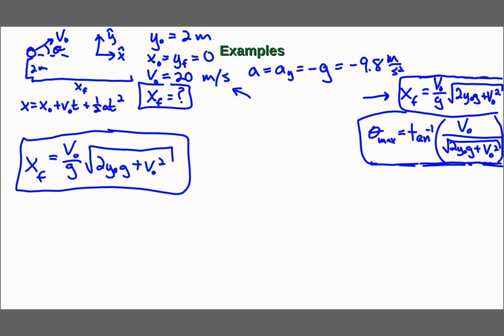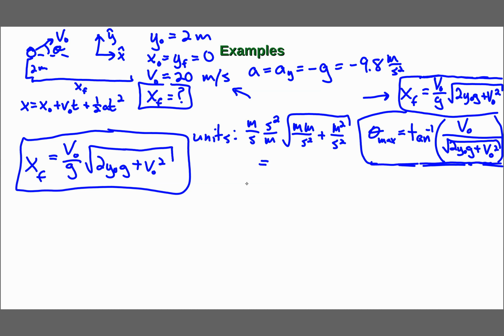Now, we derived this thing and I didn't really check it, so let's go ahead and check it real quick right now before we plug in the numbers. The units. We have meters per second squared, and then inside the root we have meters times meters per second squared plus meters squared per second squared, all in the root.